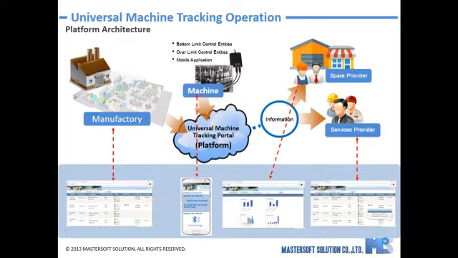At the same time, the owner, the operation manager, and the engineer of that particular manufacturer can also monitor their own machines, and they can plan for special spare parts and maintenance schedules together with the service provider and spare part provider.